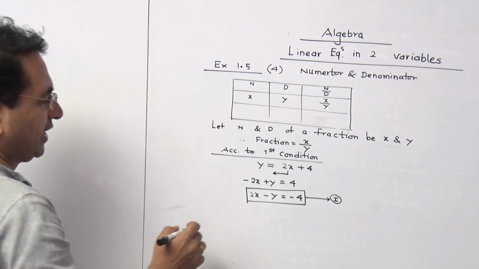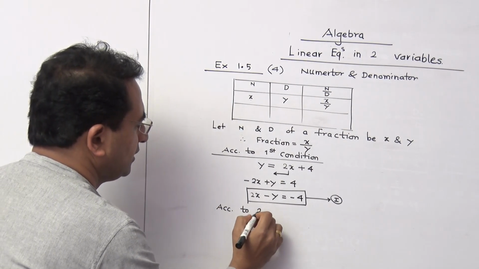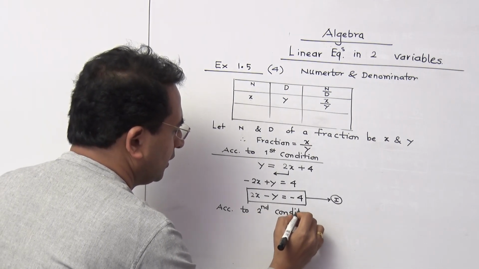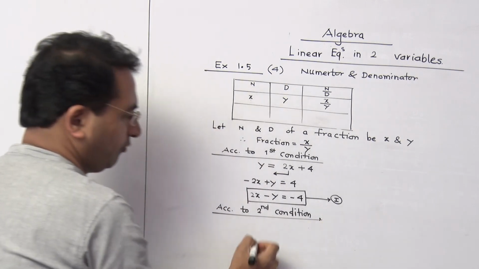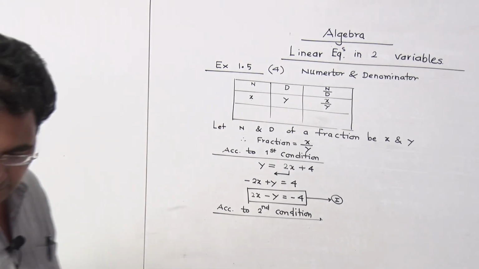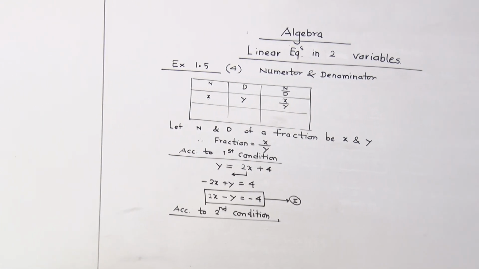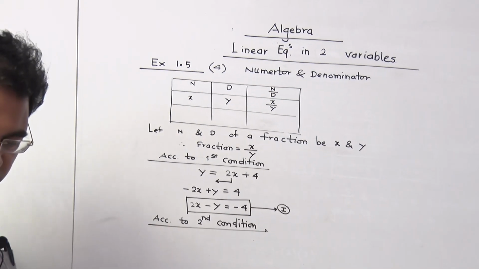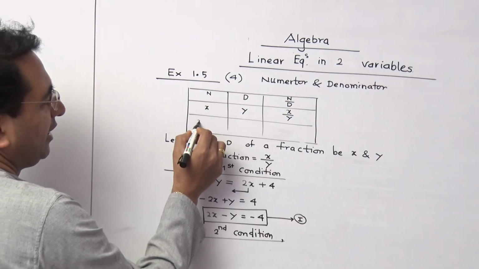Now we will go for the second condition. According to the second condition, we have to frame the another equation now. Now they have given, if 6 is subtracted from both the numerator and denominator, that means I should write x minus 6.